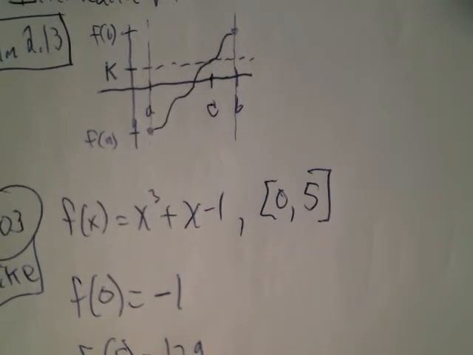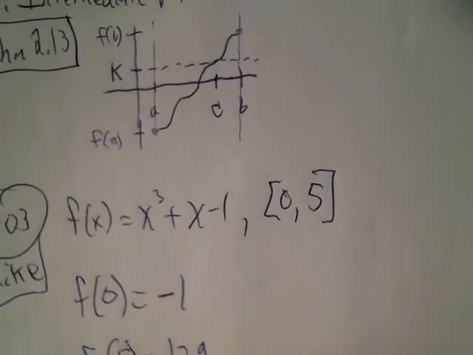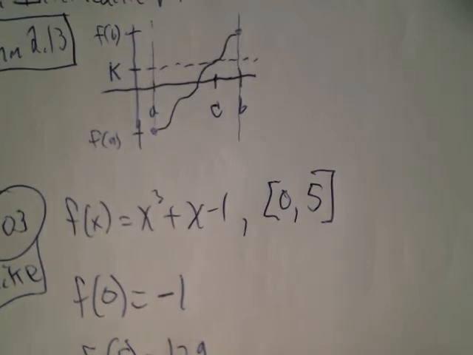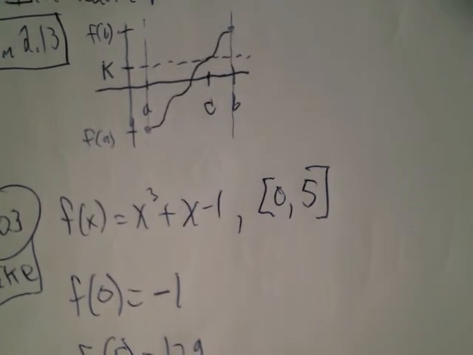So visually, the graph of the thing, at 0, it's down at -1. Okay? And then at 1, 2, 3, 4, 5, it goes way up to 129. So whatever the function's doing, it must, because it's continuous, go through the x-axis in between 0 and 5.